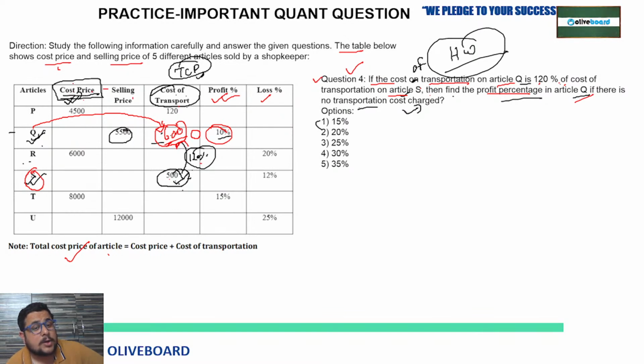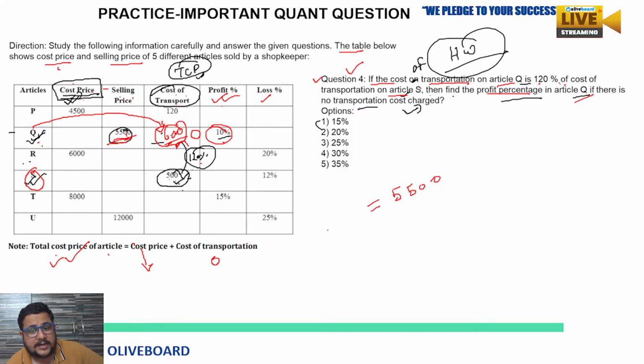In that case, only the cost price will be your total cost, because the cost of transportation becomes 0, so the cost price will be the total cost of the article. But for that we must know what the cost price is. So there is a 10% profit on selling article Q, and the selling price is given, that is 5,500.